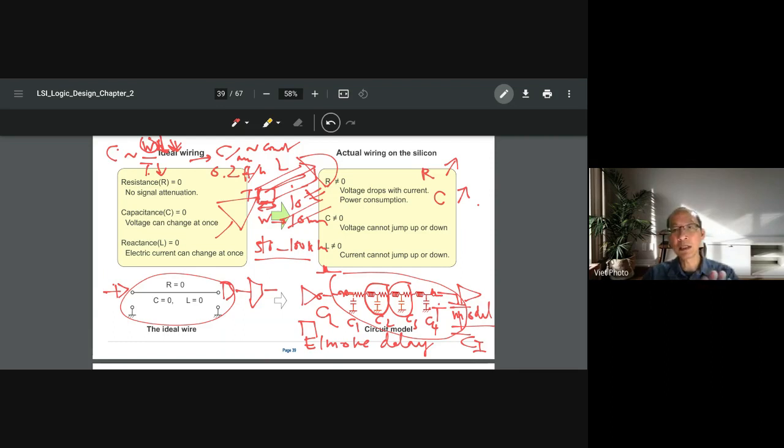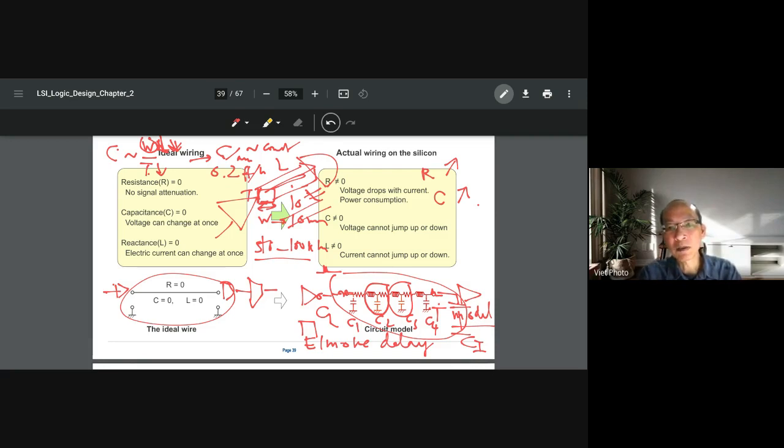Now the wires are very close, so the coupling capacitance dominates the total capacitance. Because of it, C is also increased. R is also increased.